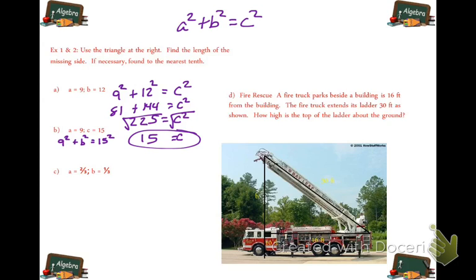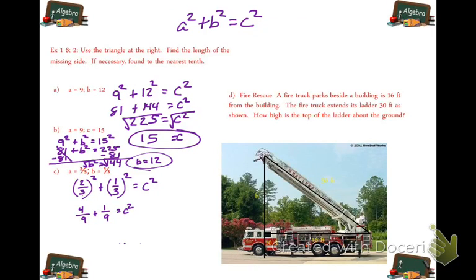Then I go 9 squared is 81. 81 plus B squared equals 15 squared, which is 225. Alright, so then you do 225 minus 81, which is 144 equals B squared.